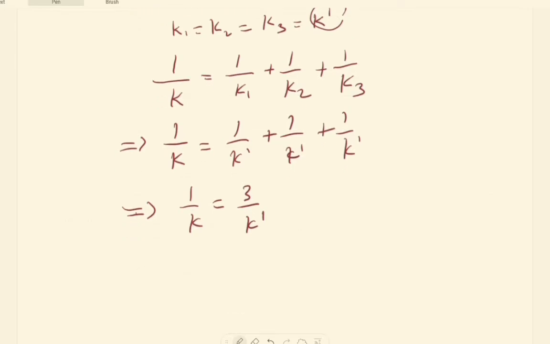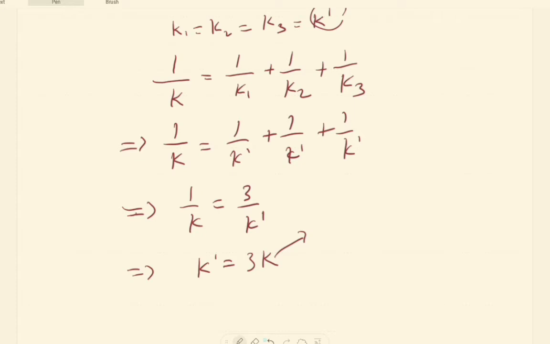Now, with simple simplification, k prime would be k over 3. Sorry, not k over 3, it is 3 times the spring constant k, where this k is the spring constant of the combined spring, or the effective spring constant of these three springs.